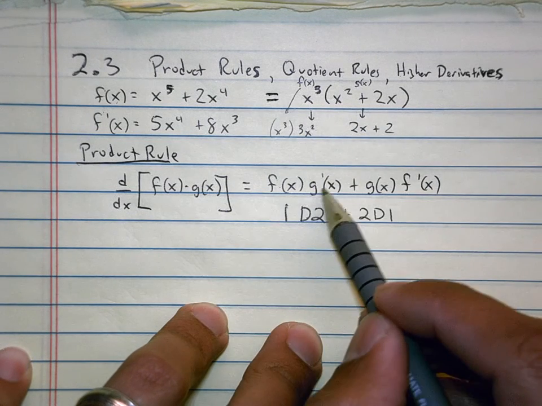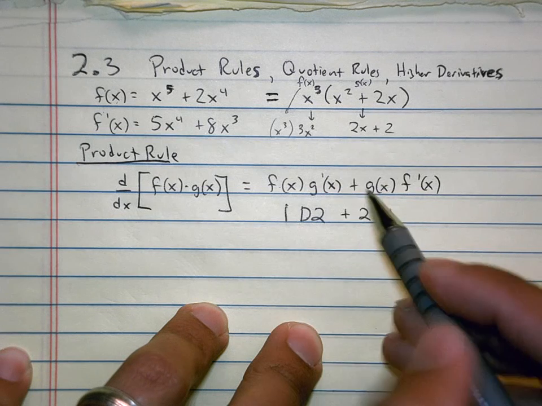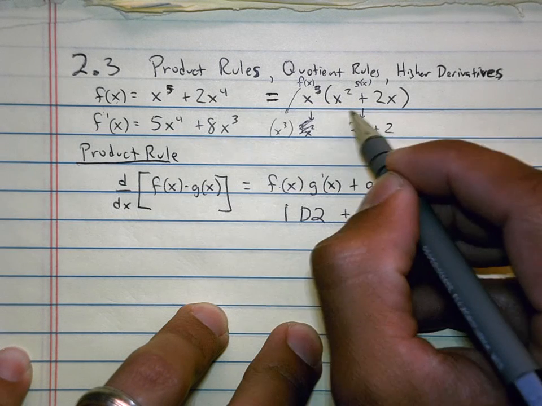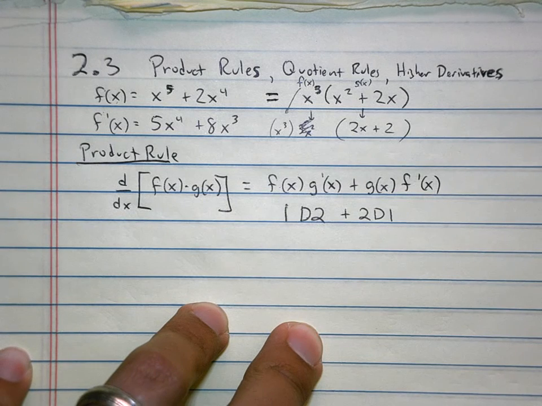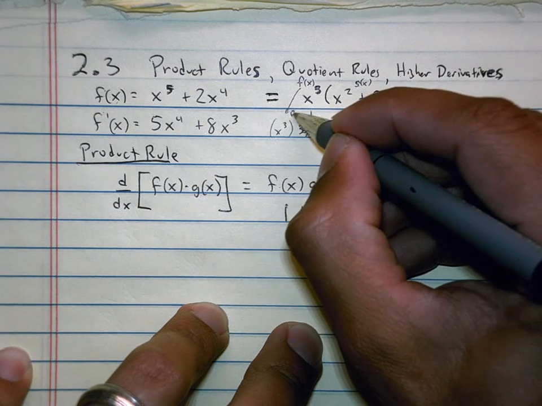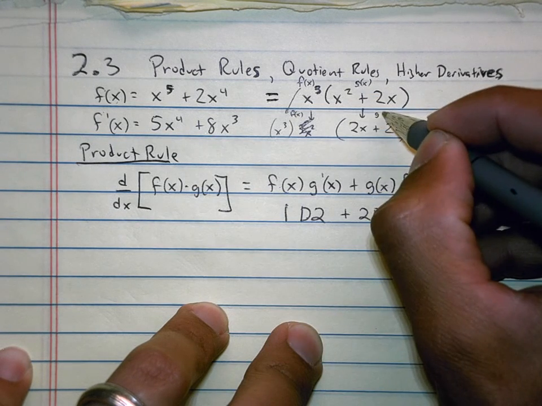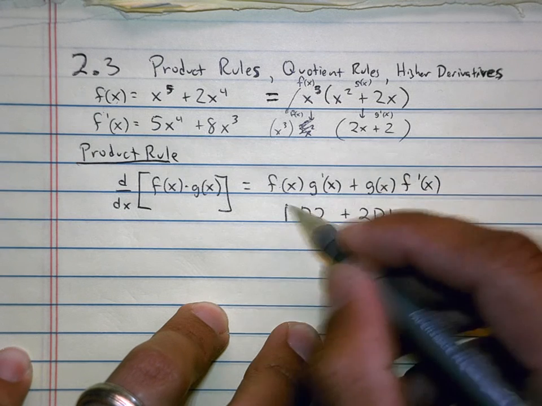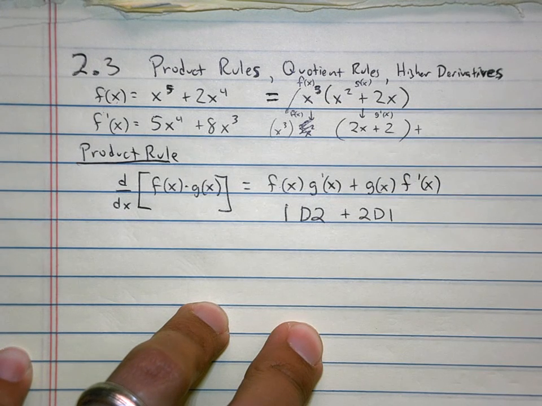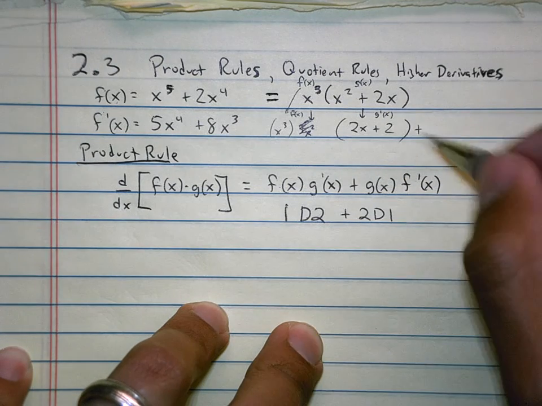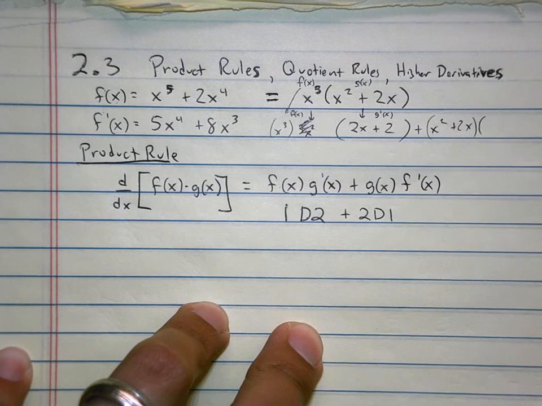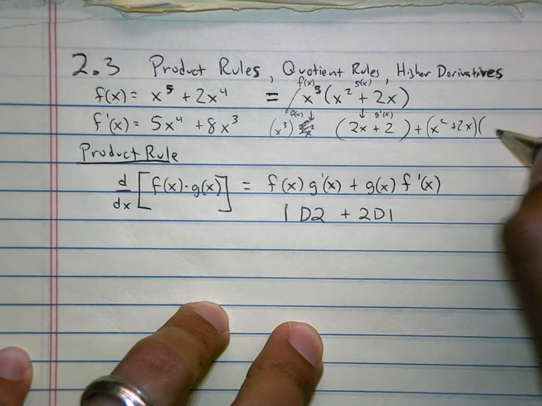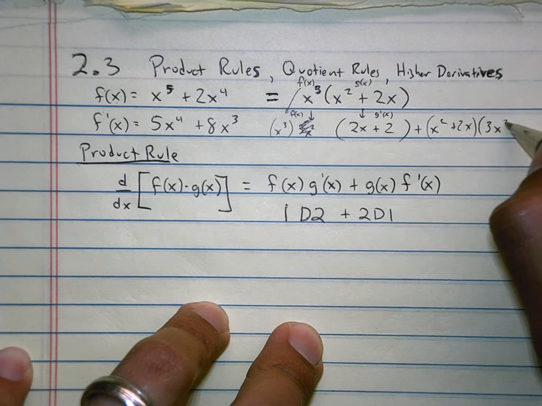Then you're going to multiply it by the derivative of g of x. The derivative of g of x was 2x plus 2. So this is f of x. This is g prime of x plus, what's g of x? X squared plus 2x. What's f prime of x? 3x squared.